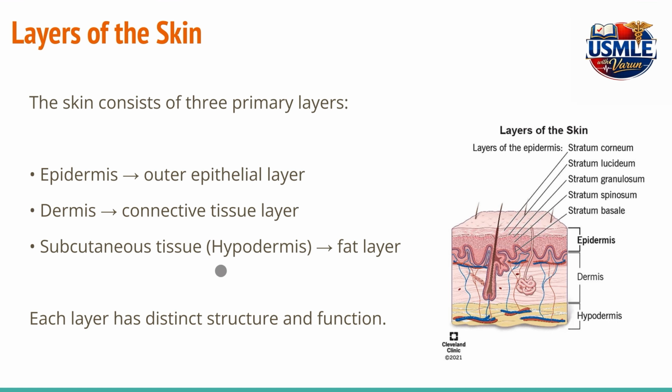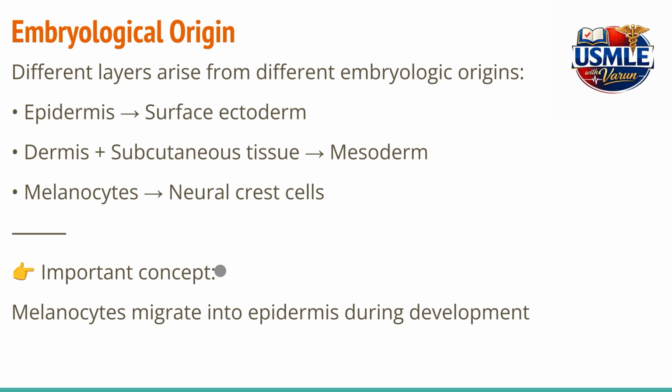Now, before we go deeper, let's try to understand where these layers come from. So, coming to the embryological origin of the skin, it's extremely important because it explains many disease associations. The epidermis develops from the outer embryonic layer or the surface ectoderm. The dermis and subcutaneous tissue come from a different embryonic source called the mesoderm, whereas melanocytes are completely unique.